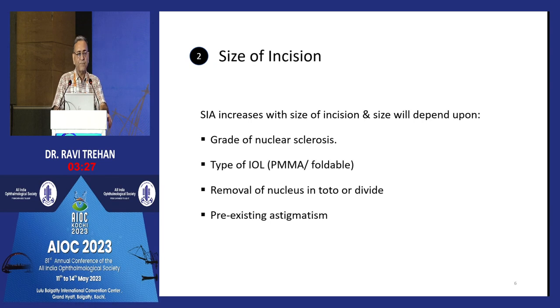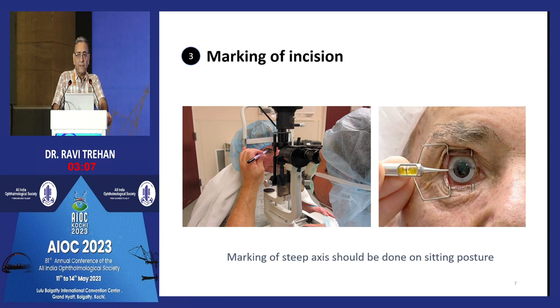Size of incision. In customized incision, we have to modify our incision according to different points: grade of nuclear sclerosis, which type of IOL we are going to implant, removal of nucleus in toto or divided, and what about preoperative astigmatism. Every time you have to mark the incision, always do it in sitting posture.